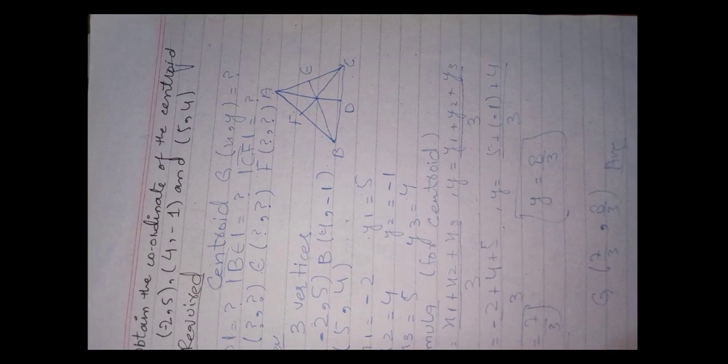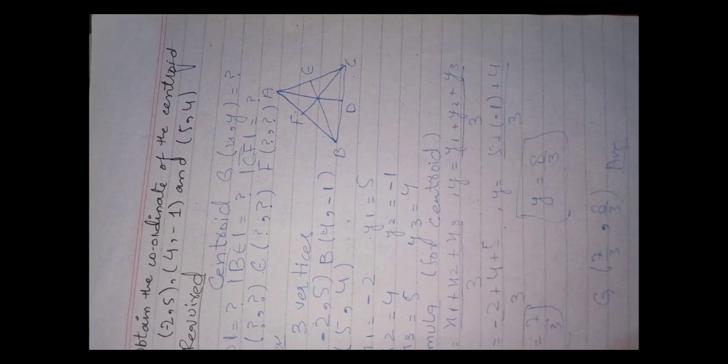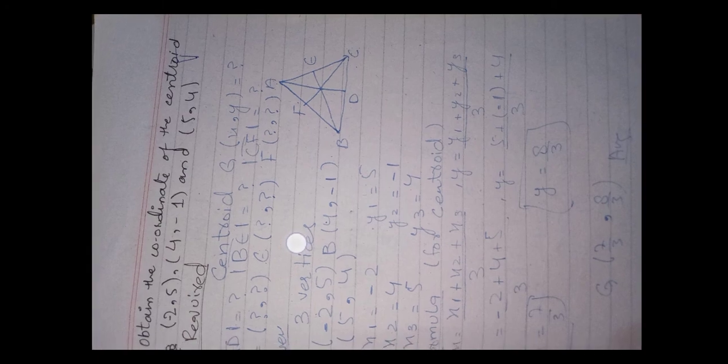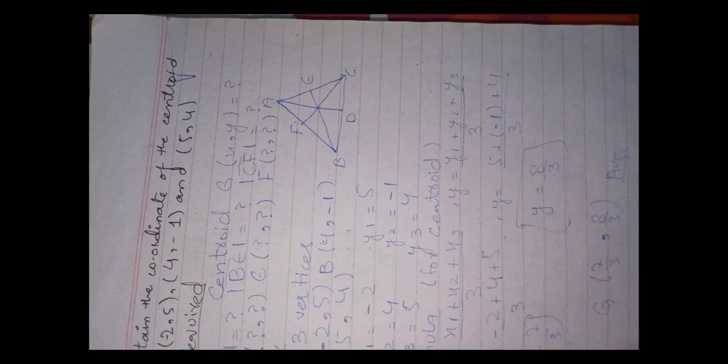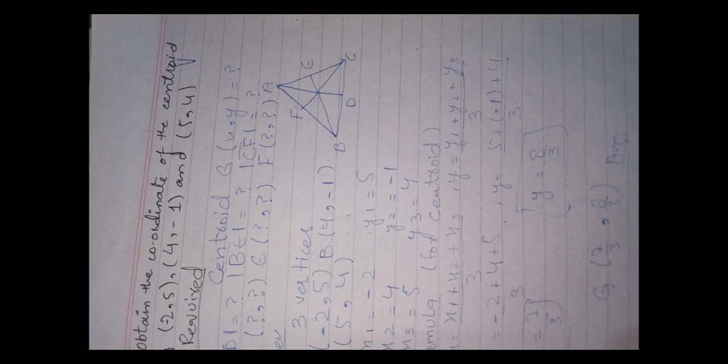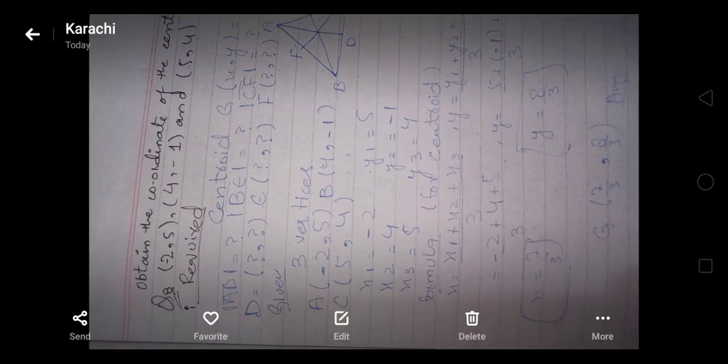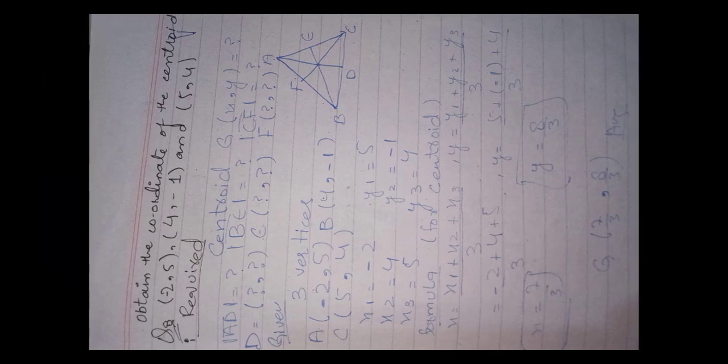As I said earlier, if we have the word centroid, then we will assume this diagram: A cuts BC at its midpoint, which we call D, or whatever you want to name it. B cuts AC at E at the middle, and similarly C cuts AB at F. We assume these things, and the coordinates of A, B and C are given, so we have x1, x2, x3, y1, y2, y3.